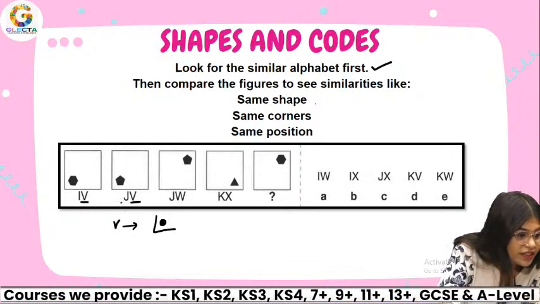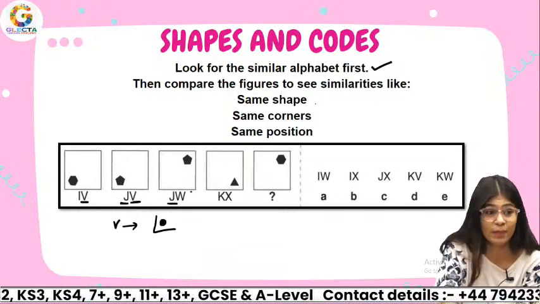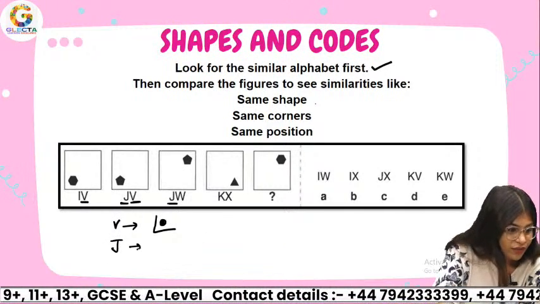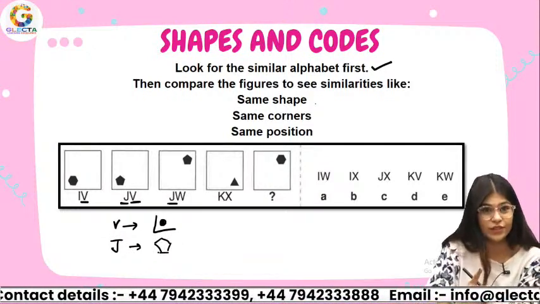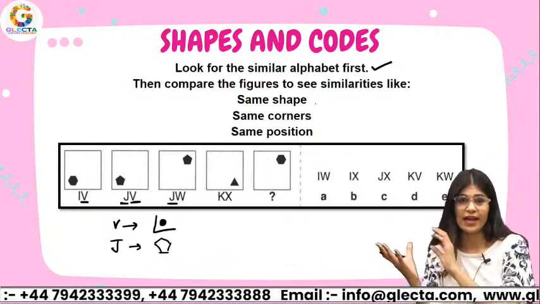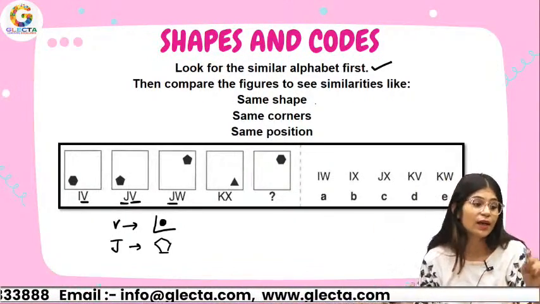Then we have J and J. Do they have something in common? Yeah, they're both pentagon. So J is for pentagon. Which means the latter alphabet, the second alphabet, is about the position.